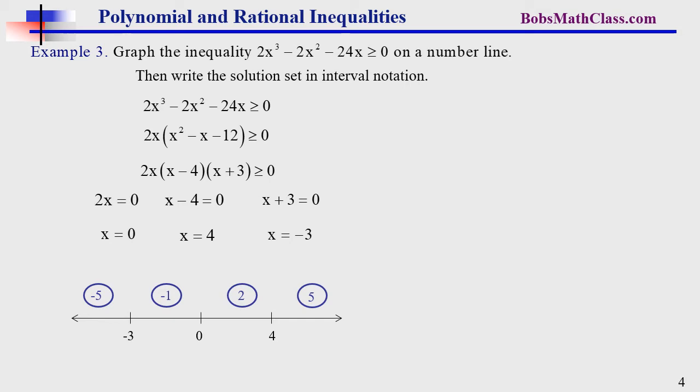Again, when you plug those test points in, you could use any row. You could actually use the very original row, the 2x cubed minus 2x squared minus 24x greater than or equal to 0. You could use that row and then replace each number in, or I'm going to use the factored row. Totally up to you.